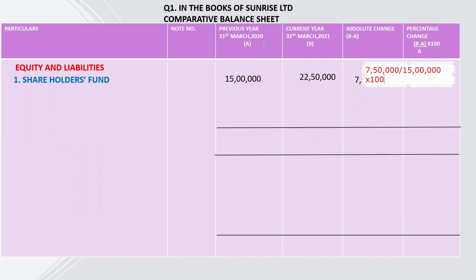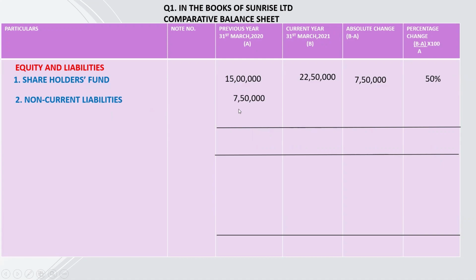So what is the value of percentage change? It is 50%. Next head is non-current liabilities. In non-current liabilities, we have the same balance in the beginning as well as at the end, previous year and current year. So there is zero absolute change, so percentage will also be zero.